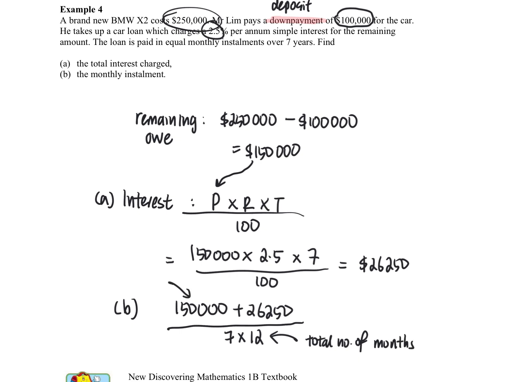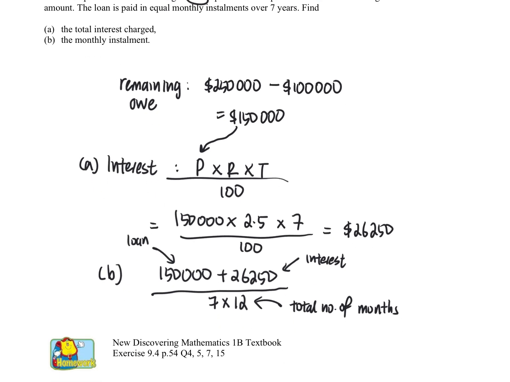This is the loan I took. This is the interest they charge me. So if they say you can pay by monthly installment, when you take a loan, they charge you interest. So you calculate now. Divide by 84. So you actually have to pay $2,098 every month.